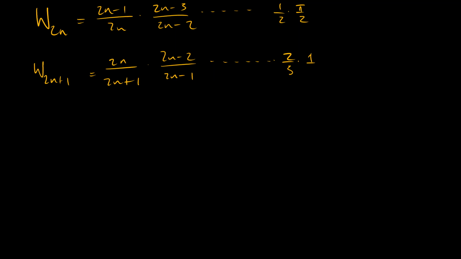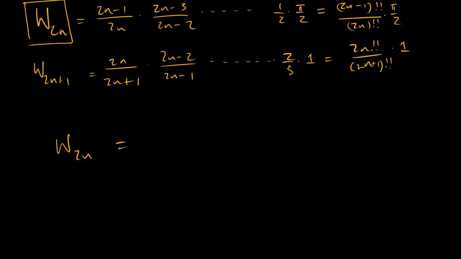Now this is interesting because we see 2n minus 1 skipping 2, so double factorial: 2n minus 1 double factorial over 2n double factorial times pi over 2, and 2n double factorial over 2n plus 1 double factorial times 1.